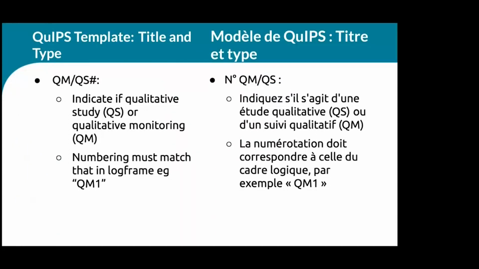So just to go through really quickly the different sections, you'll first indicate whether it's a qualitative study or a qualitative monitoring. The numbering should match whatever is provided in the log frame.